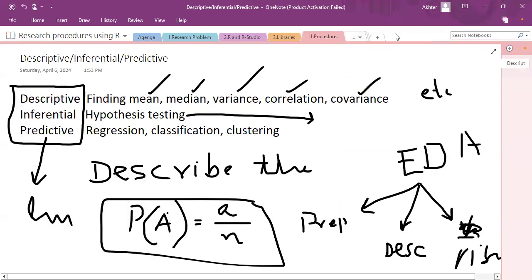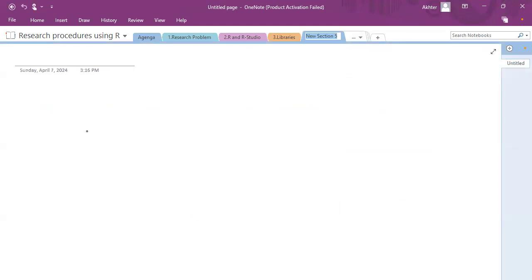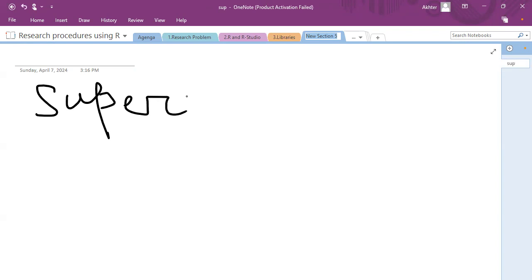The 2 major procedures in predictives are referred to as supervised learning and unsupervised learning.